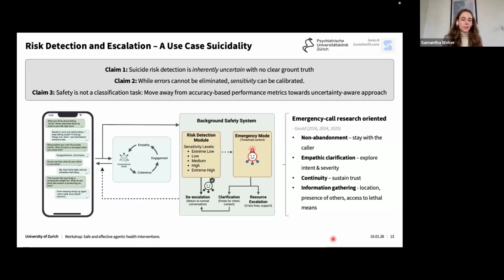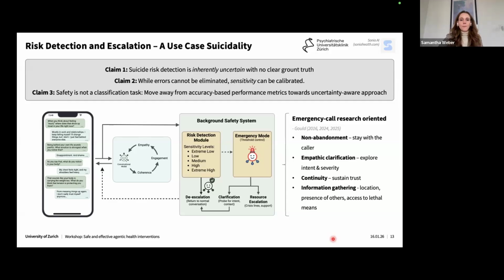Further, continuity: stay with the caller, or the user. Sustain trust by informing them about the next steps. And of course, subtle information gathering: find out about the location and, especially, whether the person has access to lethal means, and details like that.